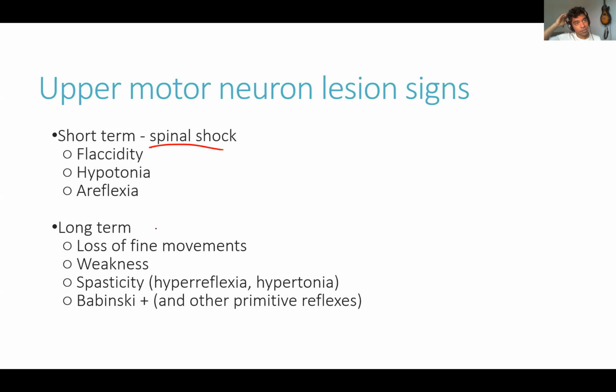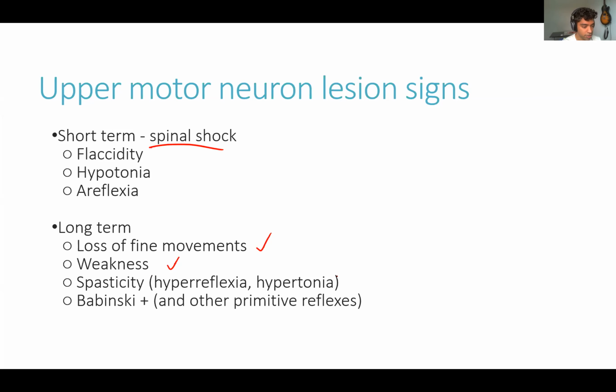In the long term, the lower motor neurons lose innervation from the upper motor neurons, so it leads to loss of fine movements. We can't control most of our muscles from our brain. It leads to weakness, so it's harder for us to control the strength of our actions.